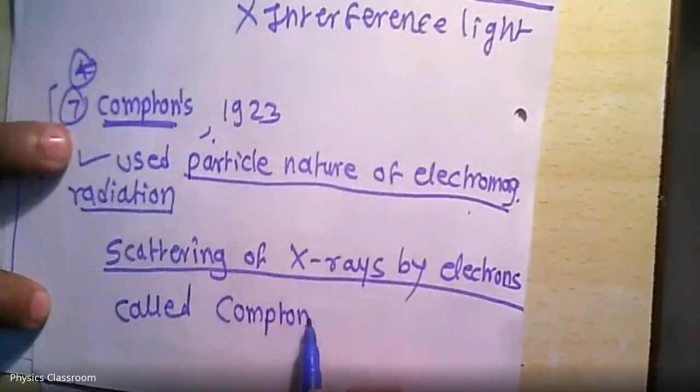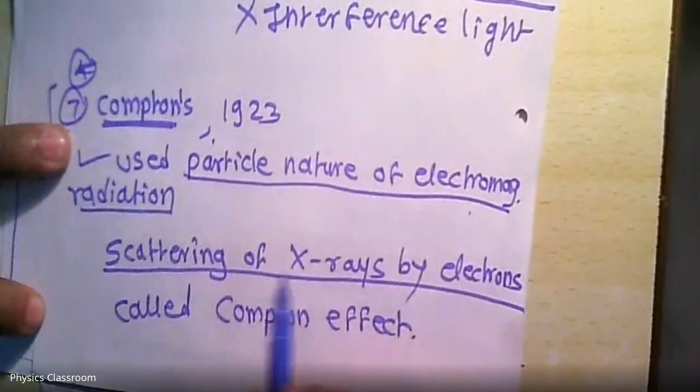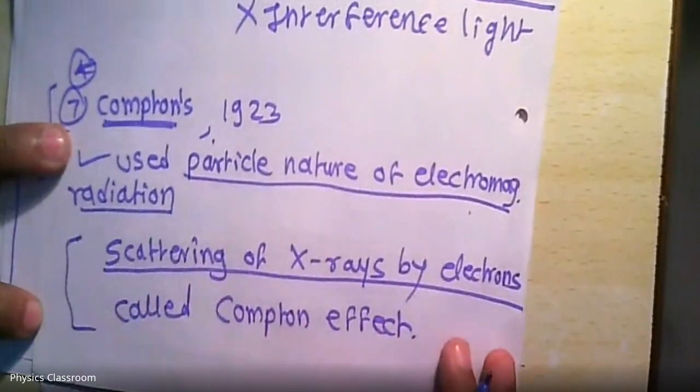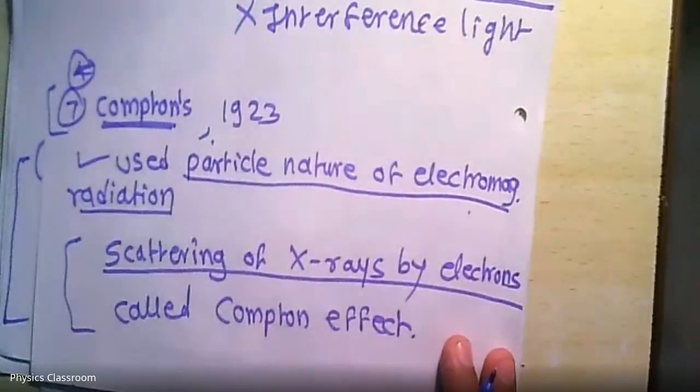So this phenomenon is called the Compton effect. Then what did these seven phenomena tell us?